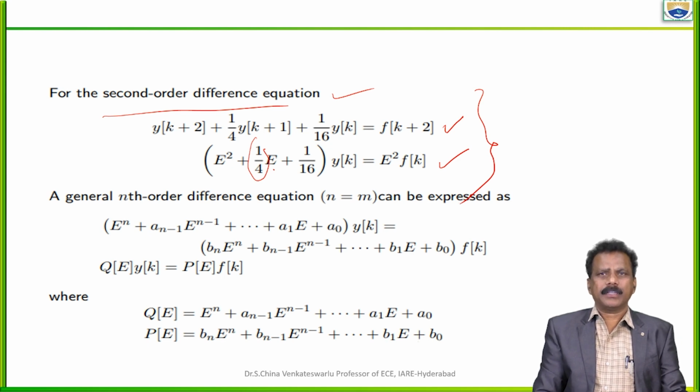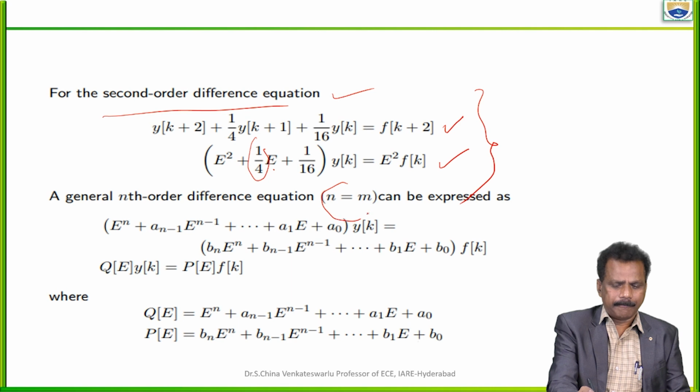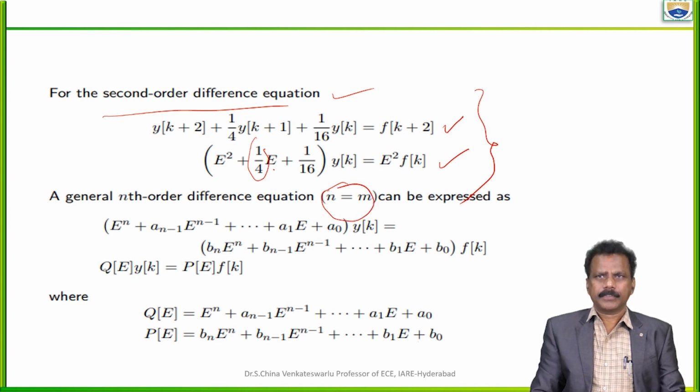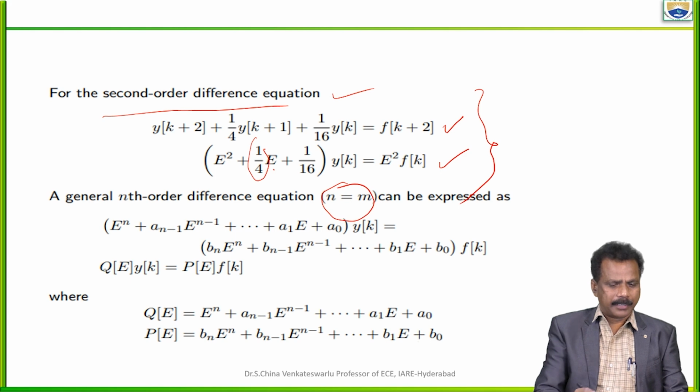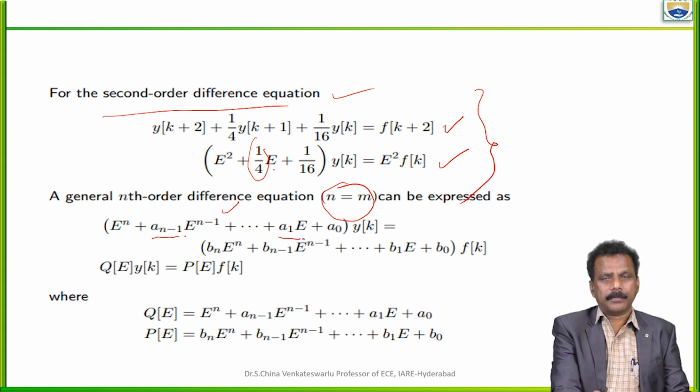For a general nth order difference equation, if it is a general causal system, as we have already verified, where m is equal to n, coming from the second order to the general nth order difference equation, if small n is equal to small m, it can be expressed as E power n plus a n minus 1 into E power n minus 1 plus and so on, plus a1 into E plus a naught, into y of k.